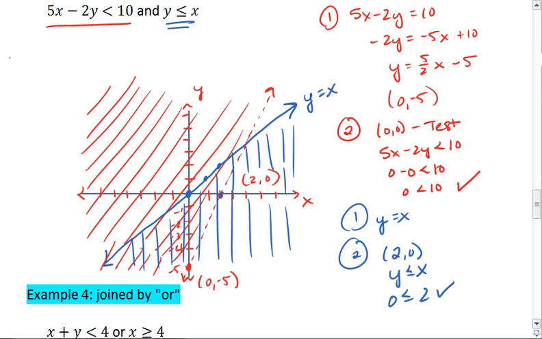So this is what we call the intersection of the two shadings. And that's what the "and" tells us to do. So we look at where the shadings overlap. And that would be what I am now blocking out in yellow.